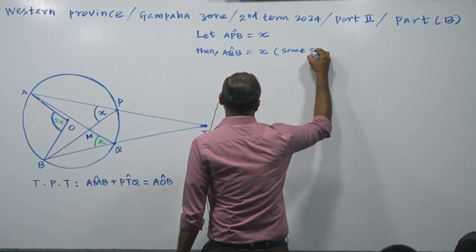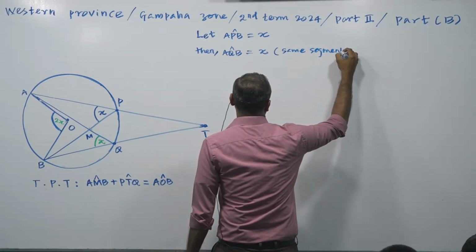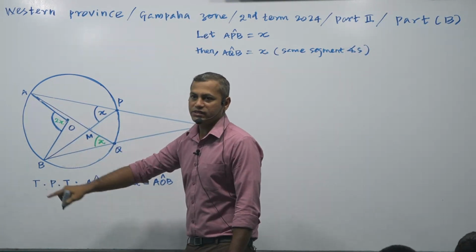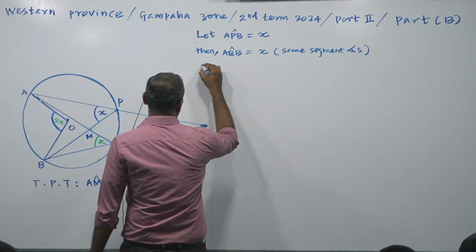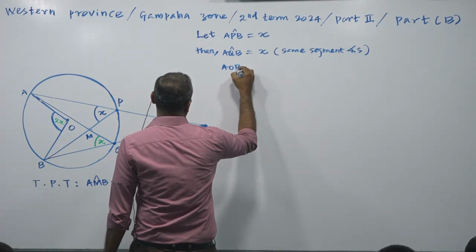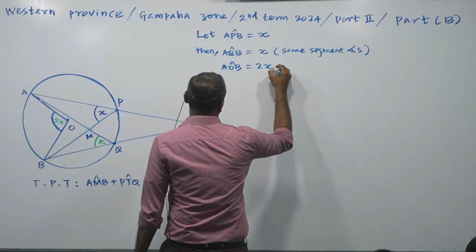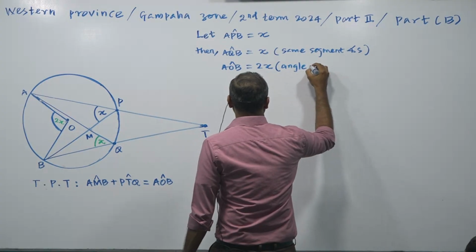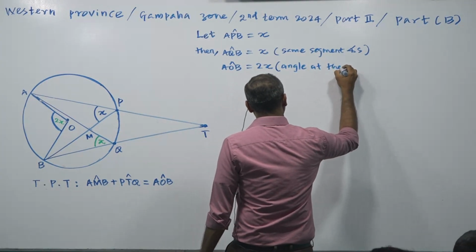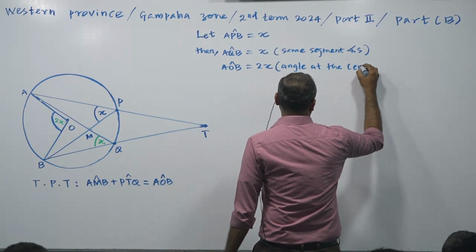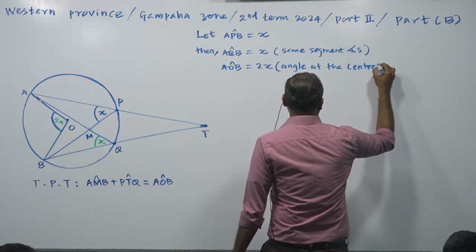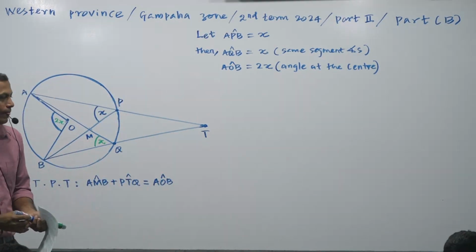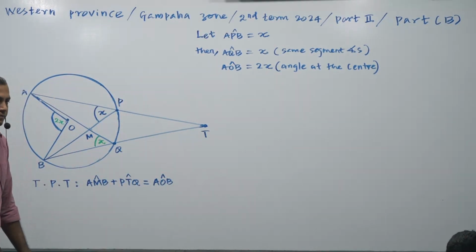Same segment angles. And you know AOB is equal to 2x. Angle subtended at the center. Angle at the center is twice the angle subtended at the circumference. Is that clear?